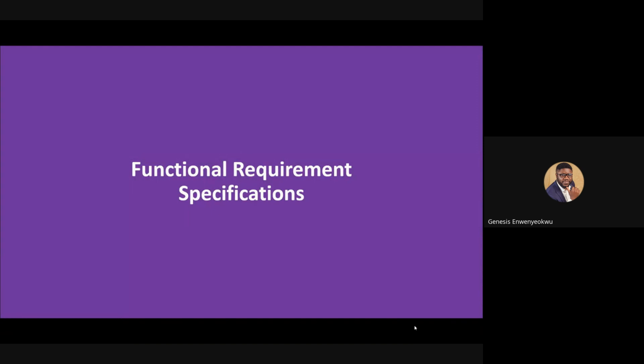And as I mentioned, solution requirements are sub-classified into functional requirements and non-functional requirements. In functional requirements, we are going to look at how we specify and how we model functional requirements.